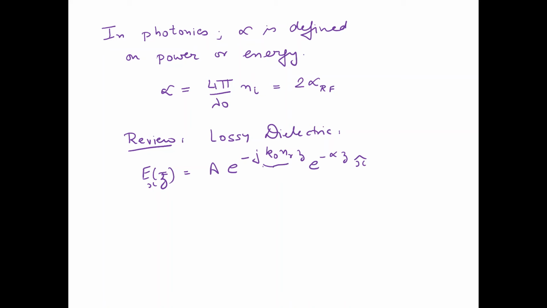This term here, k naught n real, is also called the propagation constant beta.